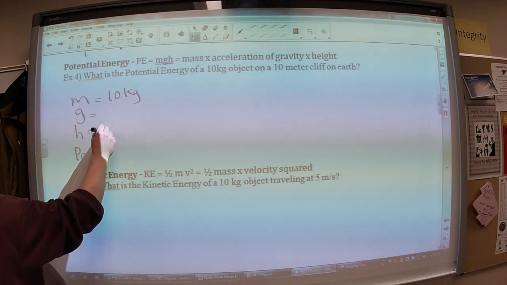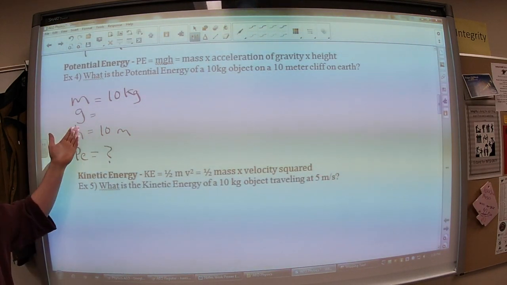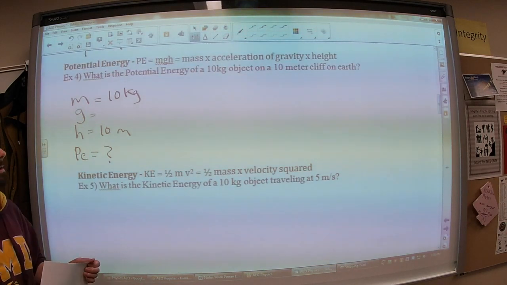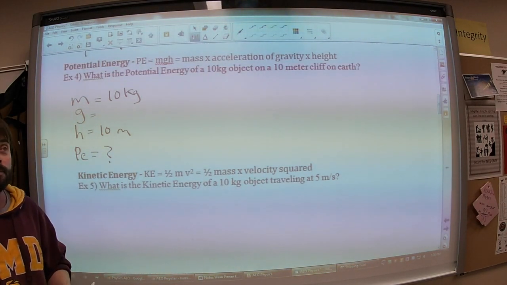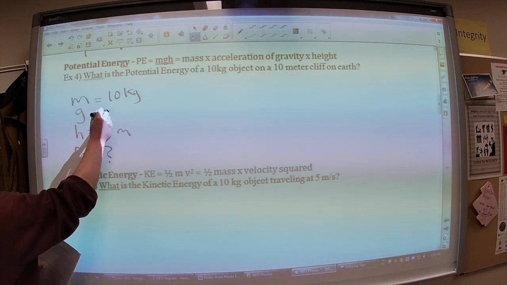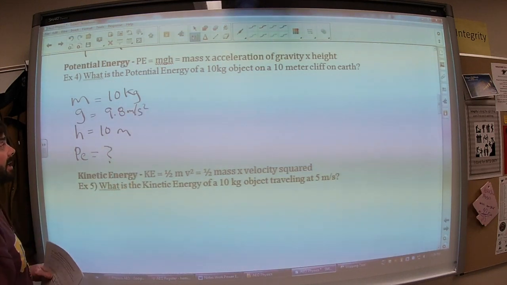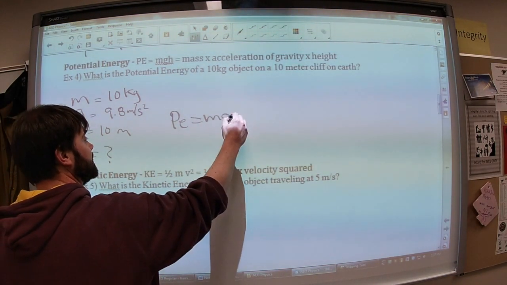We have a height of 10 meters. The potential energy is unknown. One thing that will commonly not be listed in these problems is the acceleration of gravity. It's one of those constants that, as long as we're on Earth, we would know that we're dealing with the value of 9.8 meters per second squared.